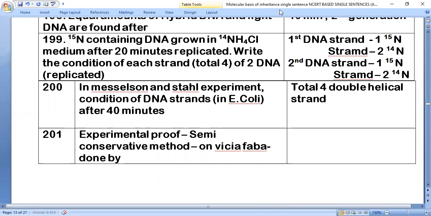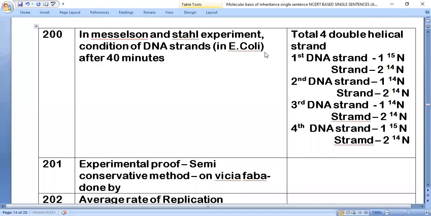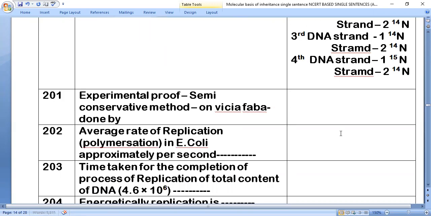In that, the first DNA has one strand with N15 and the other with N14. The second DNA has both strands with N14. The third DNA has both strands with N14. The fourth DNA has one strand with N15 and one strand with N14.